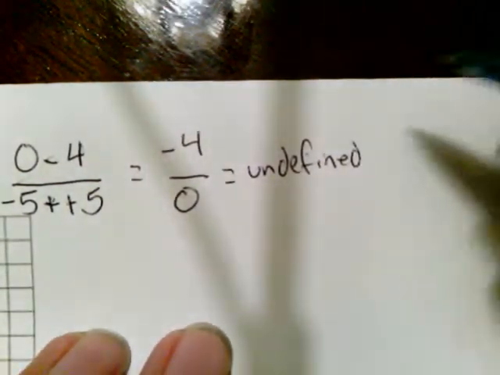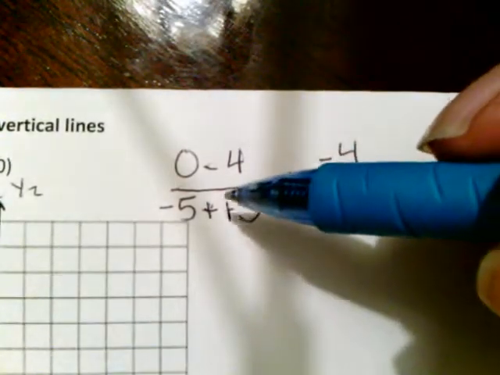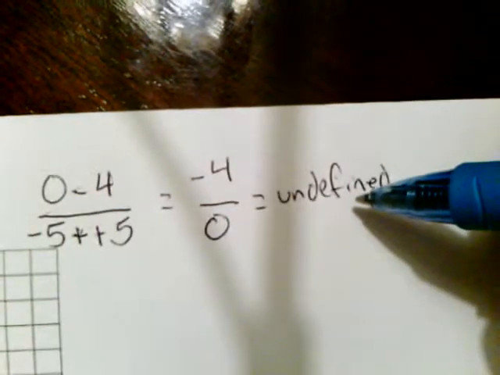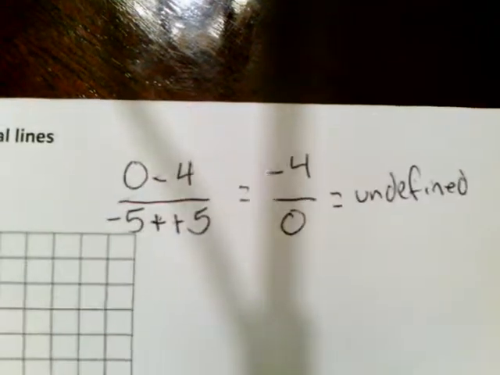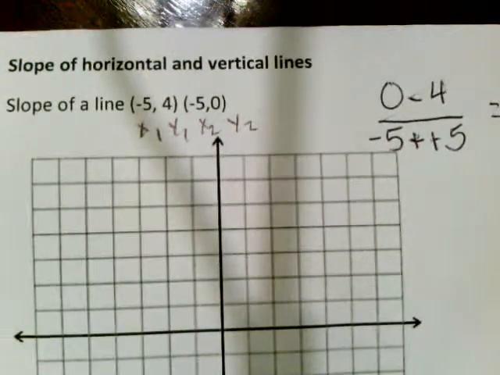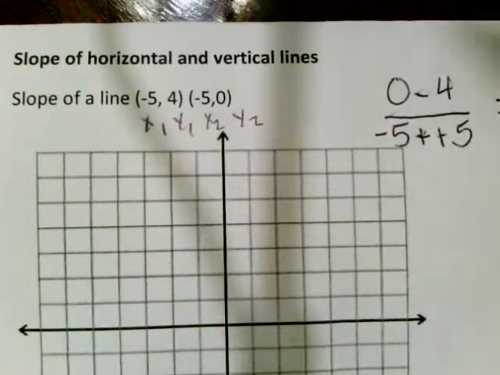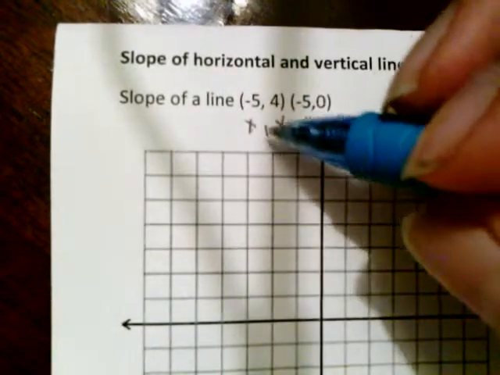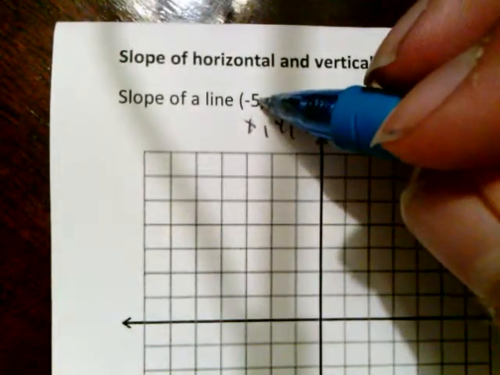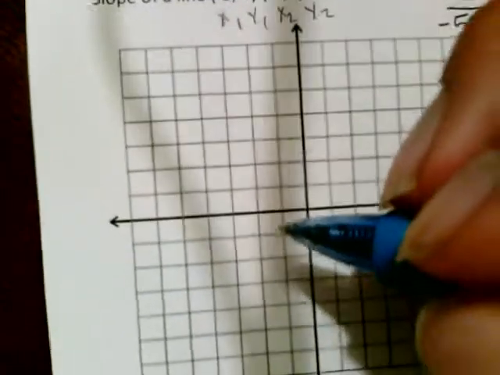So technically it's really undefined on what the answer is going to be. This is why we know it is a vertical line, because it's going to be undefined. If I were to actually graph this, we know this is a vertical line, and we know that when we have vertical lines, all we have to do is find the x value. Since we're repeating the x value every time, -5 and -5, we need to find -5 on the x-axis.